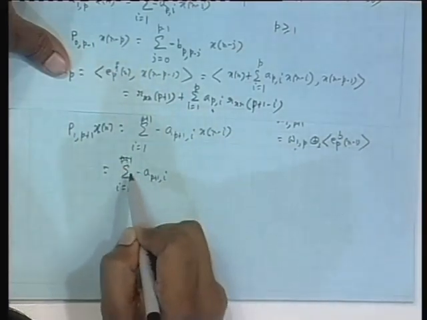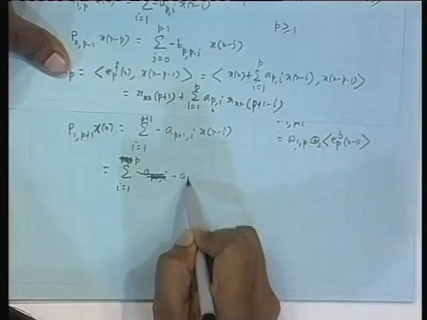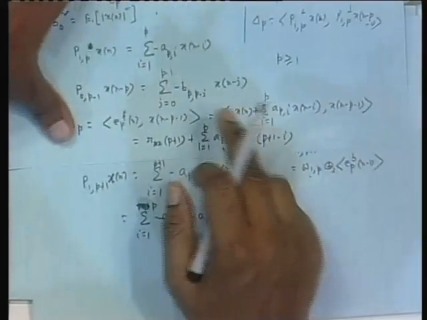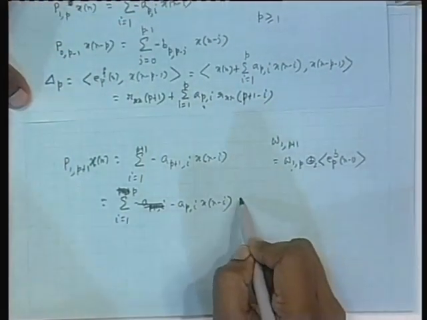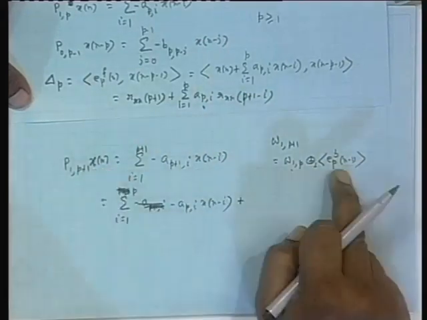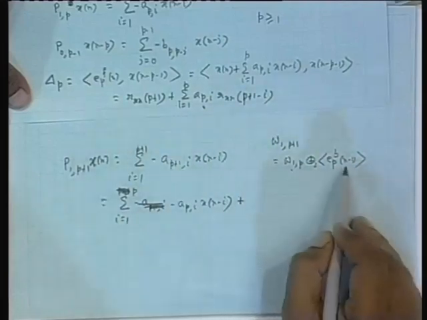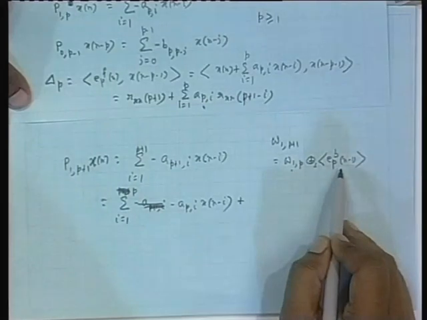Okay, that is this fellow. And what is the other one? I have to take the projection between x n and this guy. What is that projection you have seen? X n with this divided by norm square of this into this, and x n with this turned out to be what?